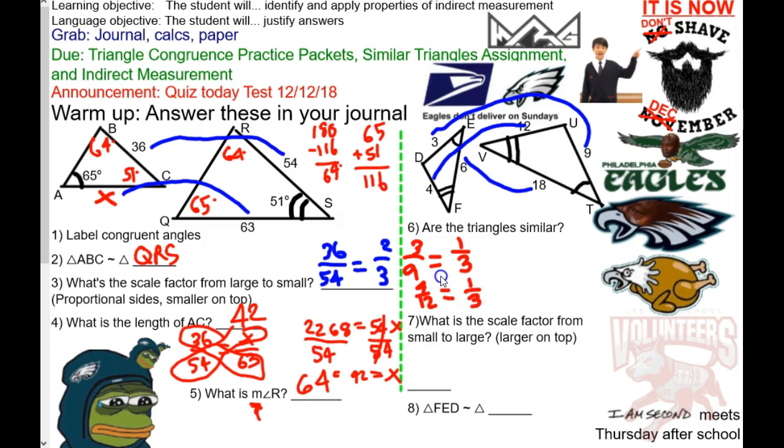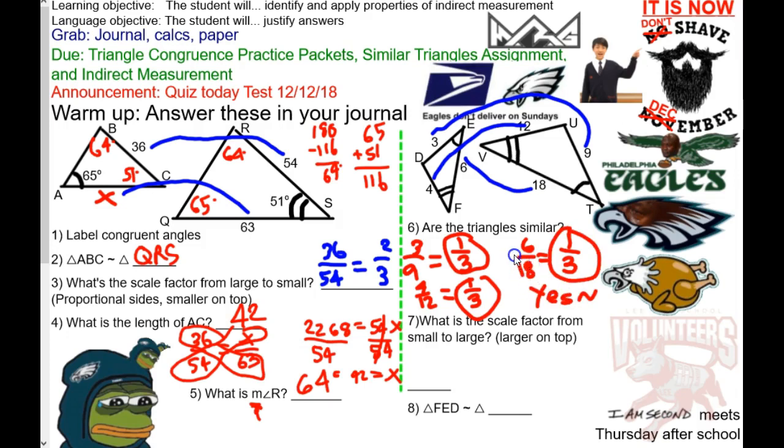And you can reduce these in your calculator, right? And then 6 over 18, is that 1/3? It is 1/3. So since all of these are equal, yes, it is similar.